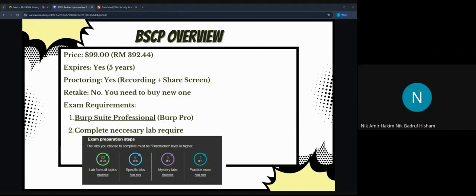That means after the 5 years, you either need to retake it or just ignore it. And for this examination, they have proctoring. So yes, they have proctoring. You need not only to share your screen, they also have a system that records all your screen as proof.